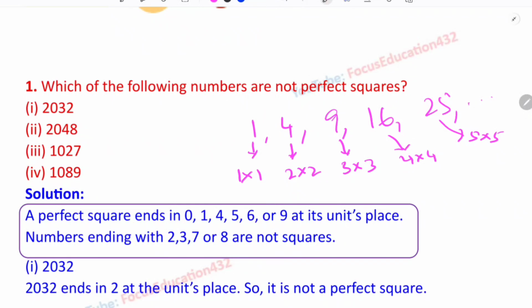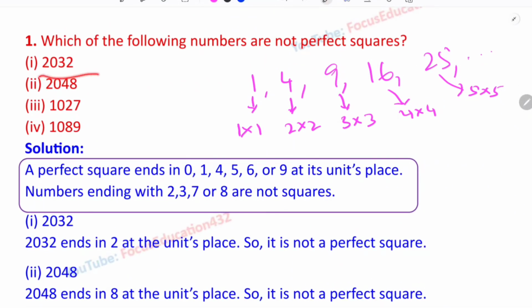So first, 2032. What is the ending digit? The units place is 2, so it is not a perfect square.